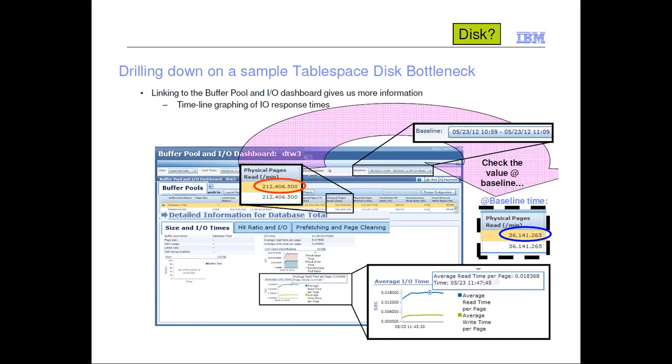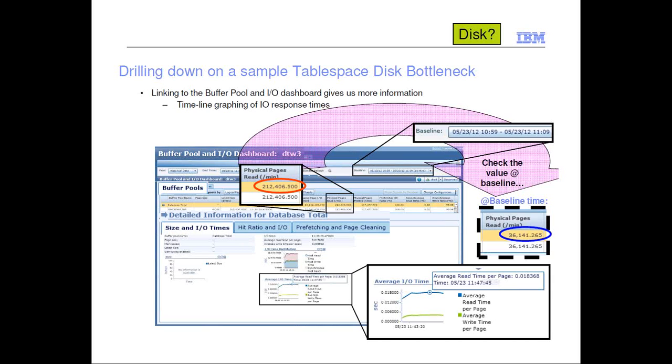So once we go to the tab on the dashboard called the table space, we'll try to identify if there has been any change on the table space which could have caused this. Again, we compare the current value with the baseline value, and we notice that there is no single table space where this particular issue is there.